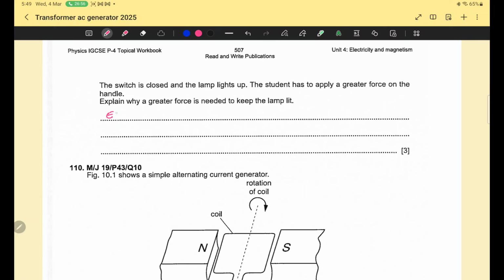Sir, electrical energy is converting into light.